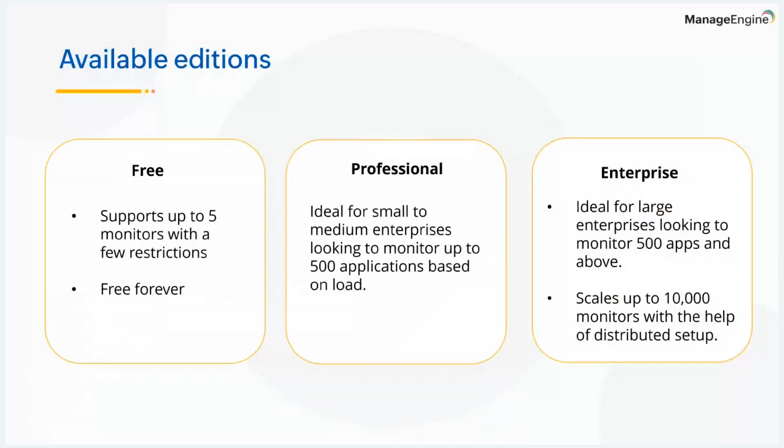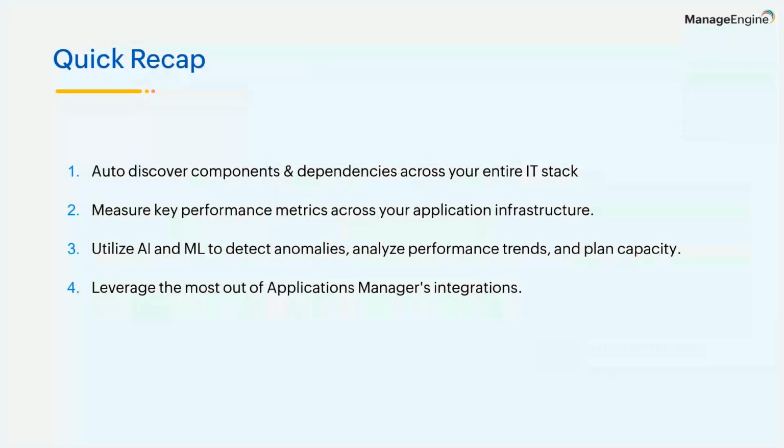So we are almost at the end of the training series. Let's do a quick recap of what we discussed today. First, we reviewed how you can perform a discovery in Applications Manager and how you can map the dependencies of your discovered applications. Then we took a look at how you can keep track of key performance metrics of your applications, databases, servers, and we also discussed a new monitor, the heartbeat monitor.